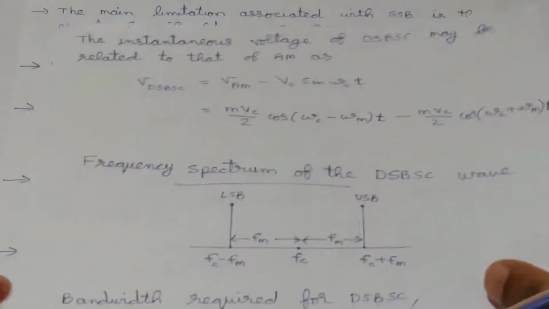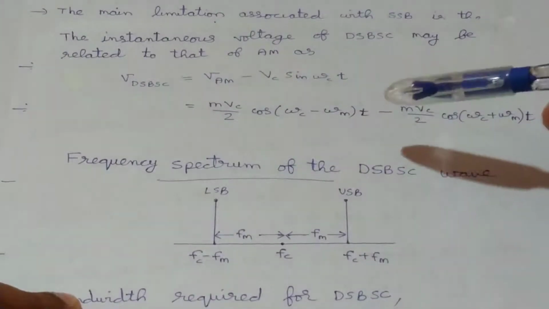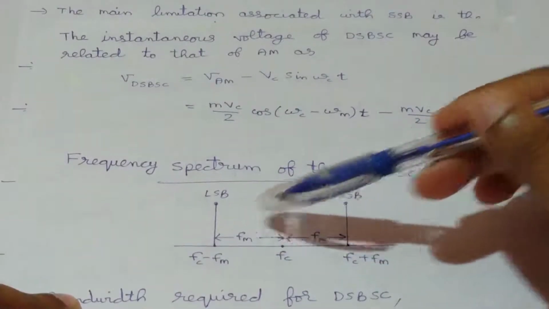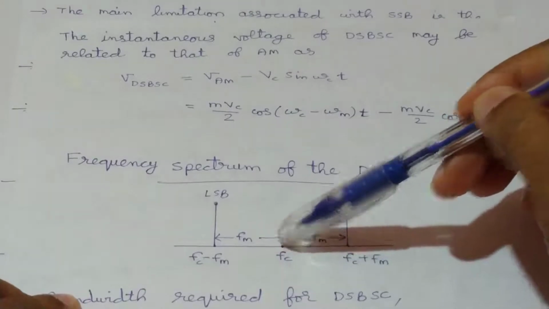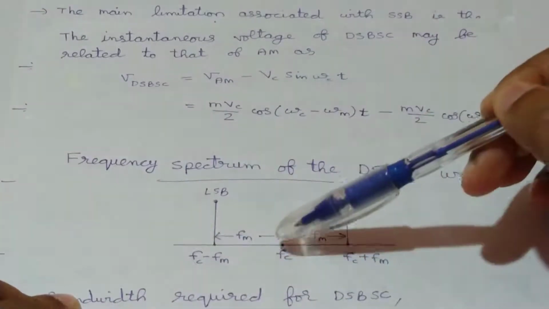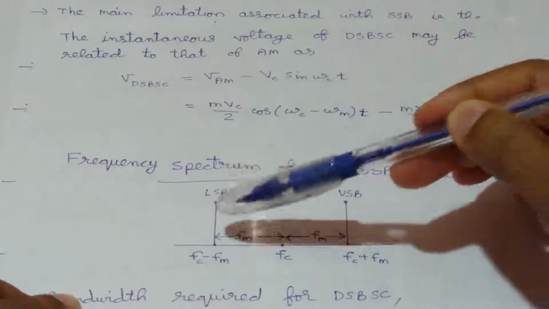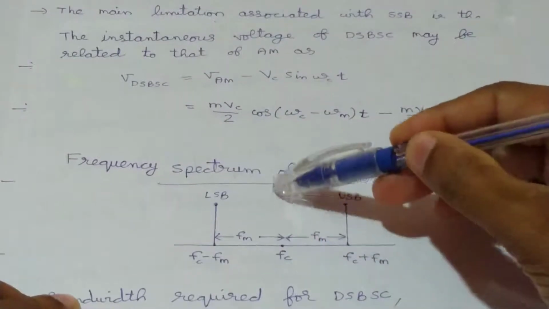We know this is the frequency spectrum of DSB-SC wave. To obtain a single sideband wave, we need to suppress one of the sidebands. The upper sideband is from fc to fc plus fm, and the lower sideband is from fc to fc minus fm. So if we want to remove one sideband, we need to cut precisely at the fc frequency.